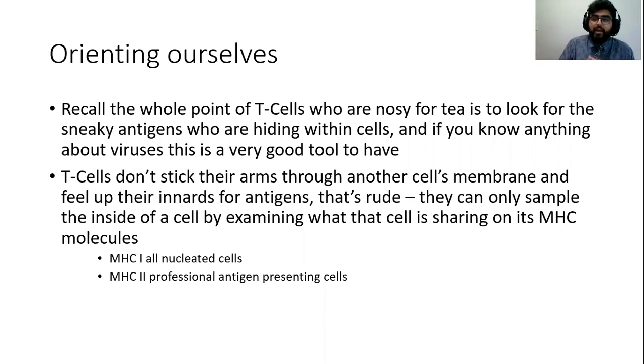So if there is an abnormal or pathogenic antigen inside the cell, on this sample platter of MHC, a sample of that antigen could be projected, and the T cell will know that there is something hiding in the cell. There's two types of MHC though, MHC Class I, which all nucleated cells have, and MHC Class II. Your professional antigen presenting cells have it, right?